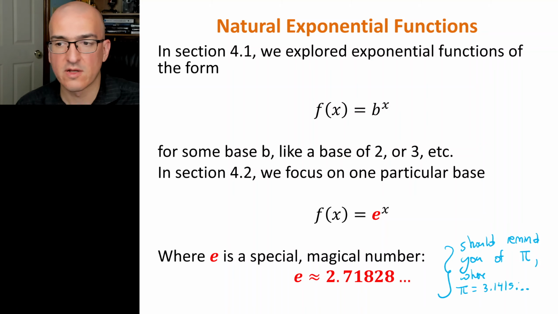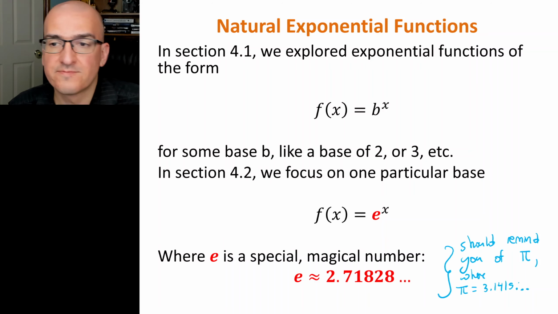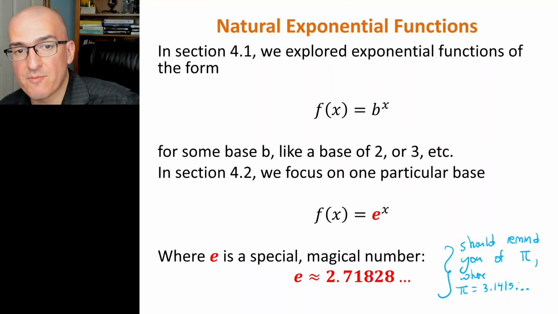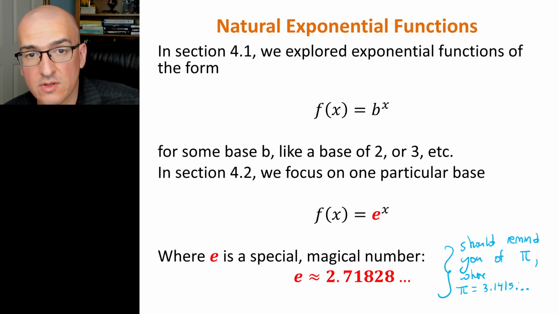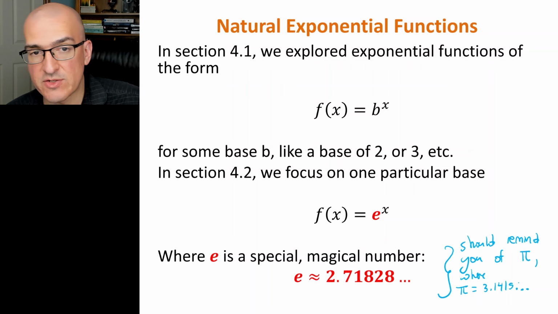Decimals go on forever. And there's not much that we can do by evaluating a function like this, like e to the power of 2. We have this weird decimal 2.71828 squared, and we can't do that by hand.